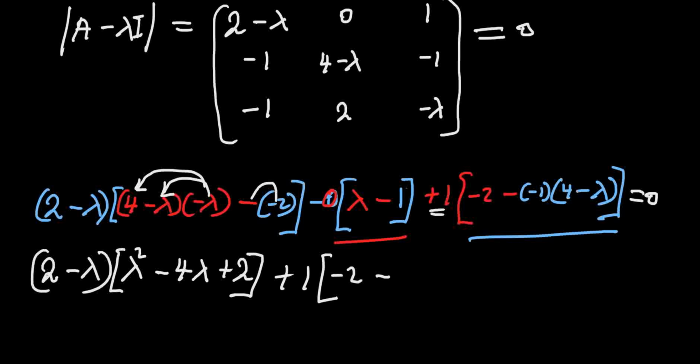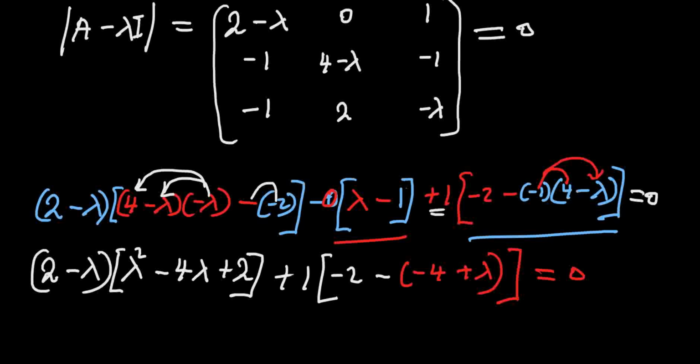So negative 1 times 4 would give us negative 4, and negative 1 times negative lambda will give us positive lambda, and close the bracket, and this will be equal to 0. I hope that makes some sense.